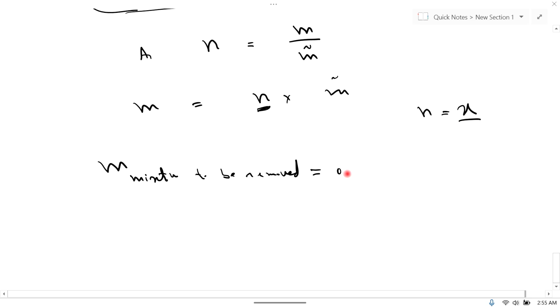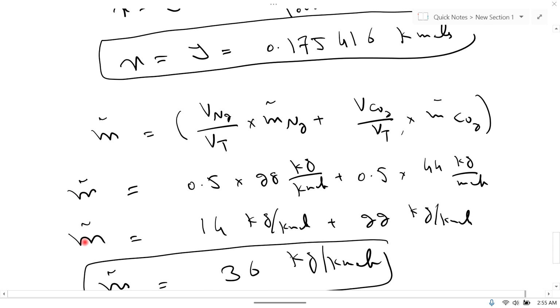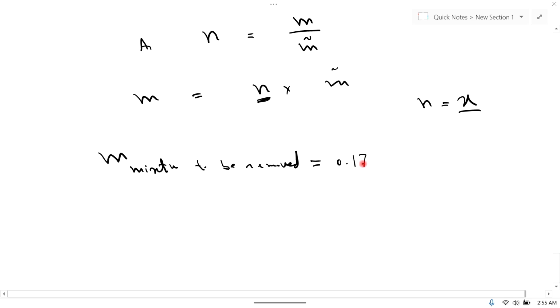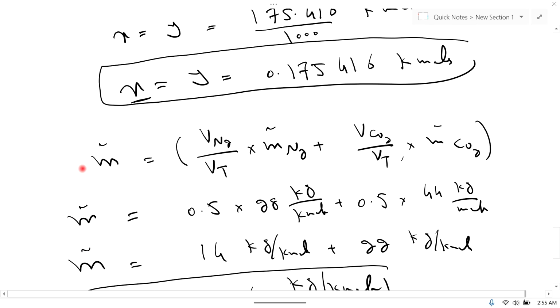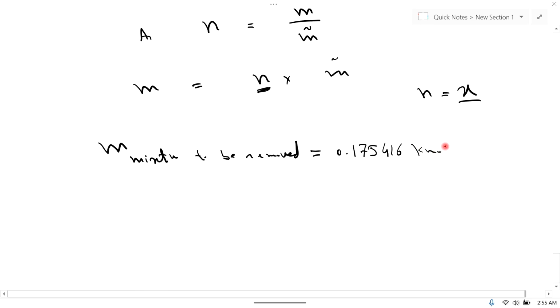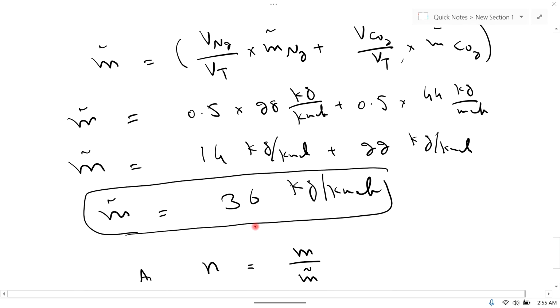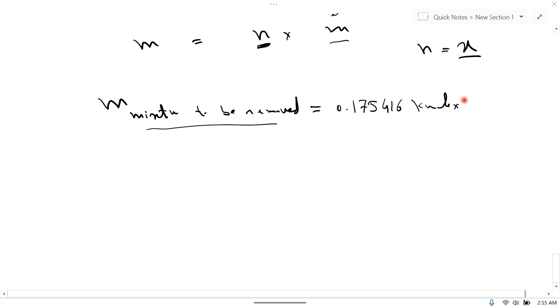The number of moles to be removed is already determined by us, which is equal to 0.175416 kilomoles, multiplied by the molar mass for the whole mixture to be removed, not for nitrogen, which is 36 kilogram per kilomole.